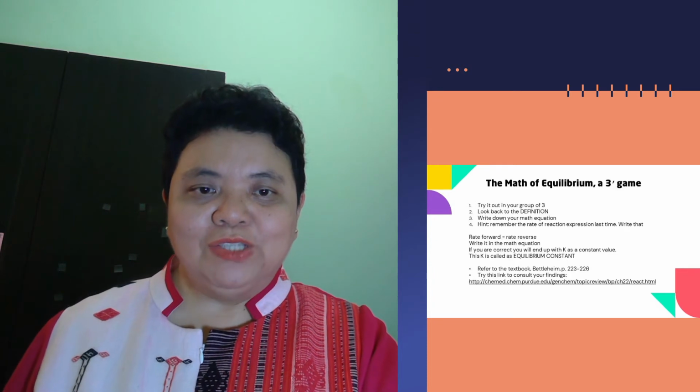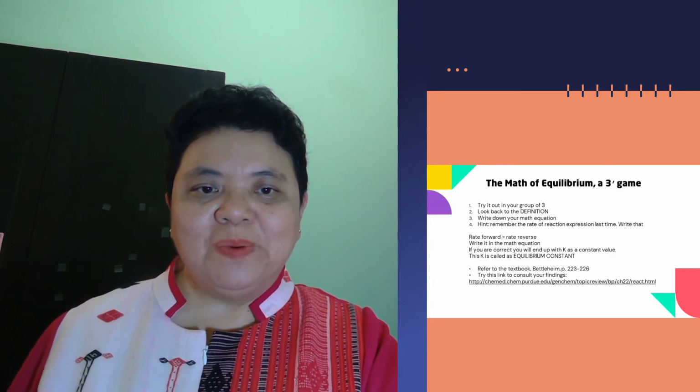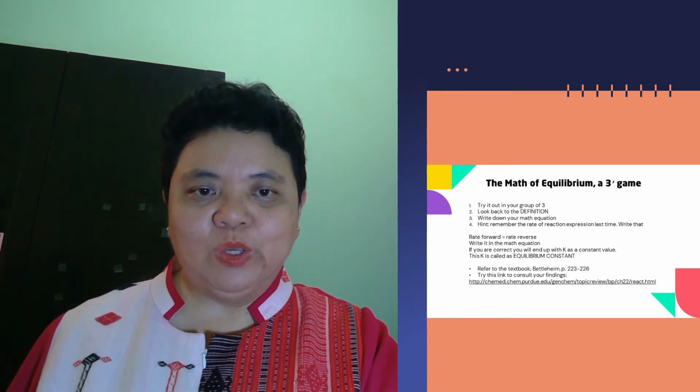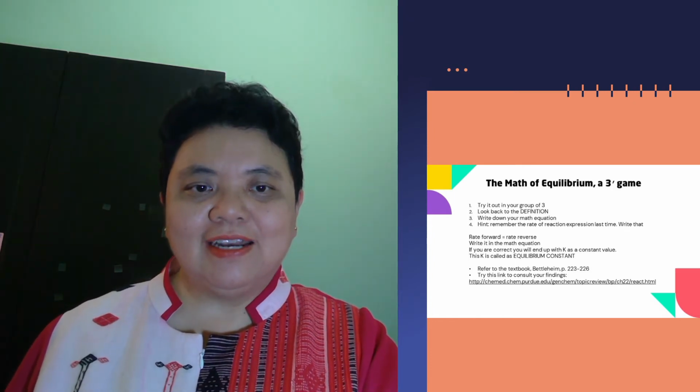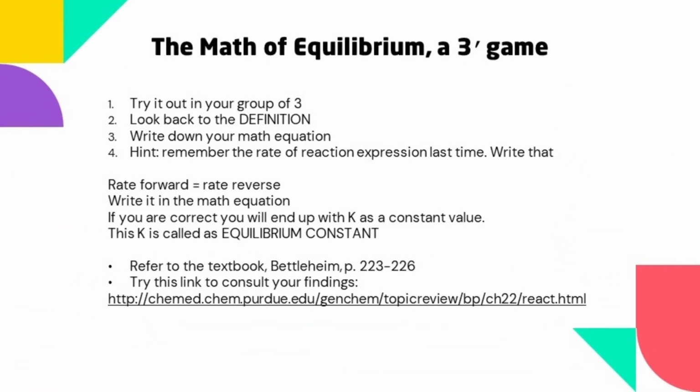Now I want to trigger you to discuss in a group and talk about the math of equilibrium K in a 3-minute game. Let's look at the slide. Grab your pen or pencil and a piece of paper. Then do this simple math and try it out with your group of 3.